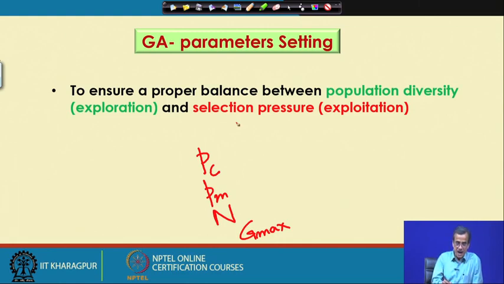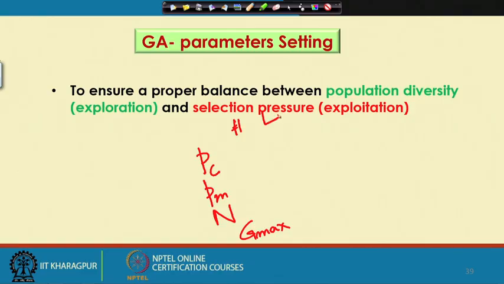Now, if I take a high value, denoted by H, for this PC, what will happen? A high value means it is very near to 1, or say 1. If it is 1, then all the mating pairs are going to participate in crossover. There will be exchange of properties and the diversity is bound to come.